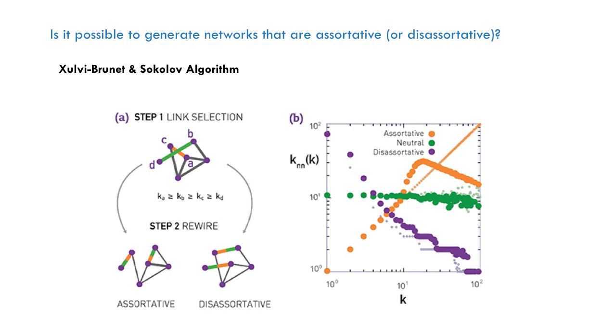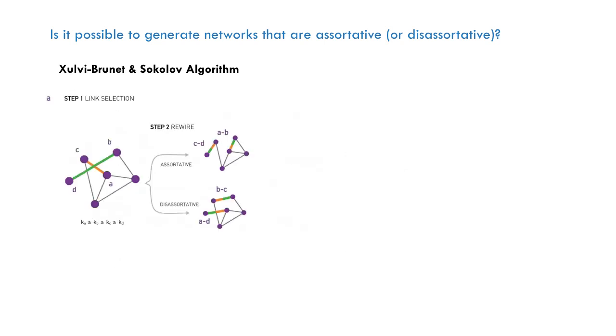So we're going to have a tendency towards assortative, but we're not going to be perfectly assortative.